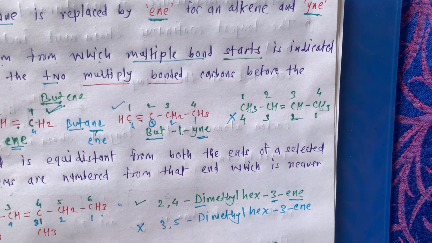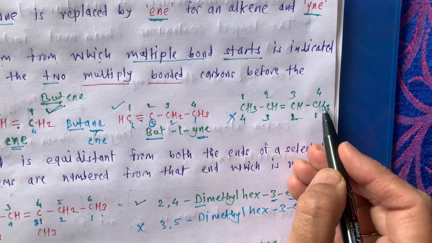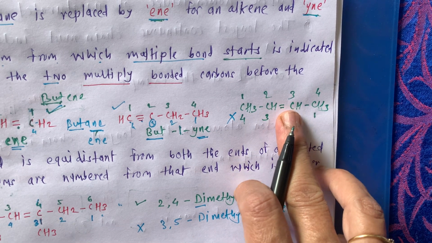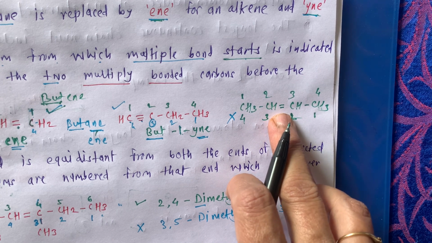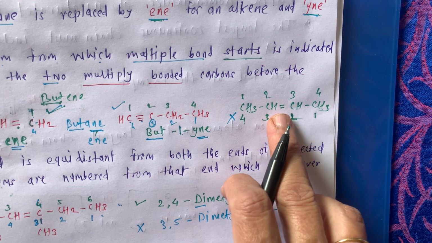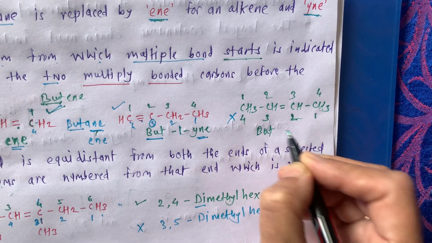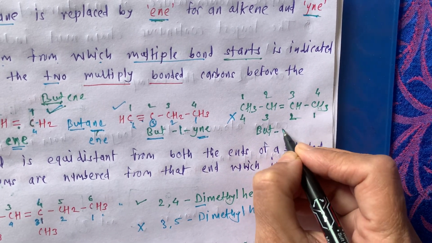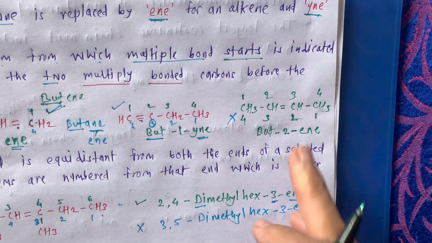So what is the name of this compound now? 1, 2, 3, 4 means this is a derivative of butane. There is a double bond, so ane should be replaced by ene, and the double bond is on the second carbon. So you have to write but-2-ene. Are you getting this?